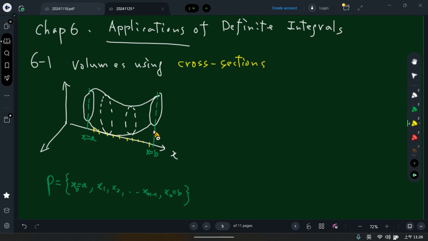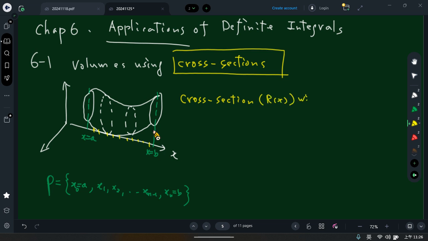So what is a cross section? We call it R of x, with the area A of x.